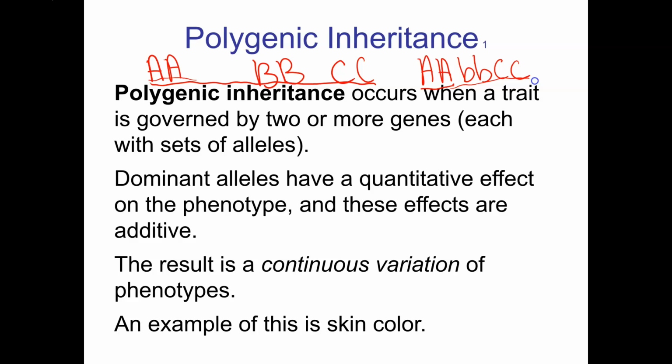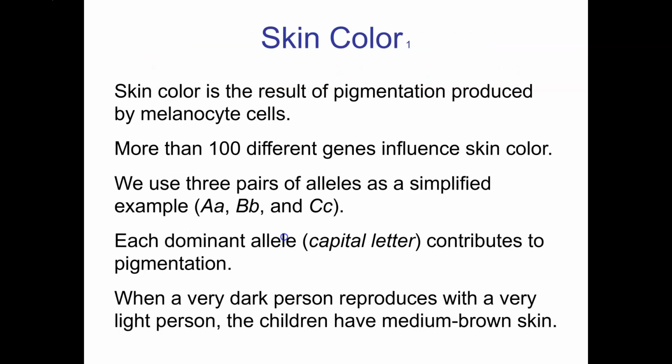And the best example of this is skin color. Skin color is the result of pigmentation, so color produced by melanocytes. There are over 100 genes that influence skin color.